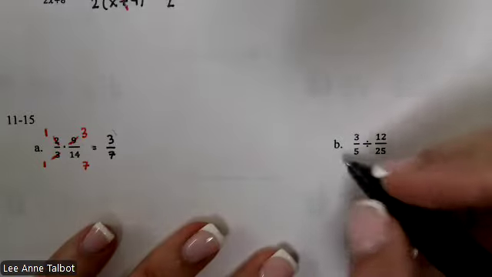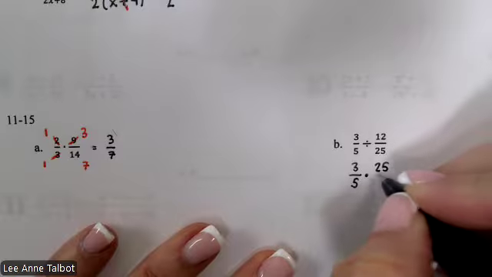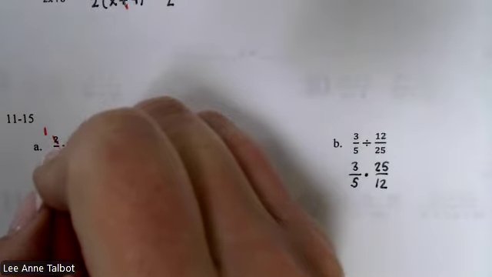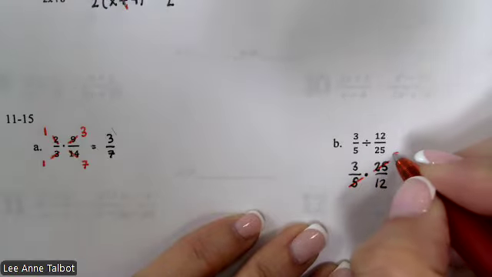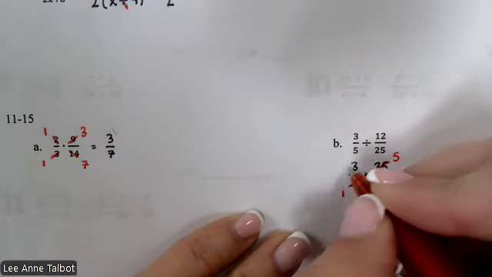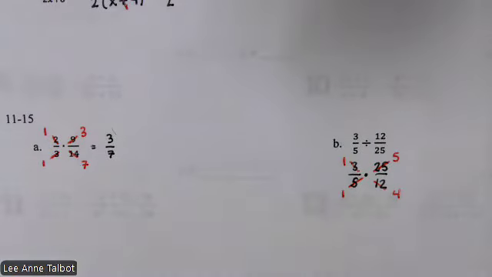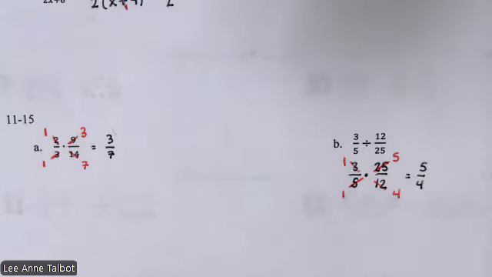Then I'm going to do what I did here with the reducing. So 5 and 25, 3 and 12 is 1 and 4. 5/4.